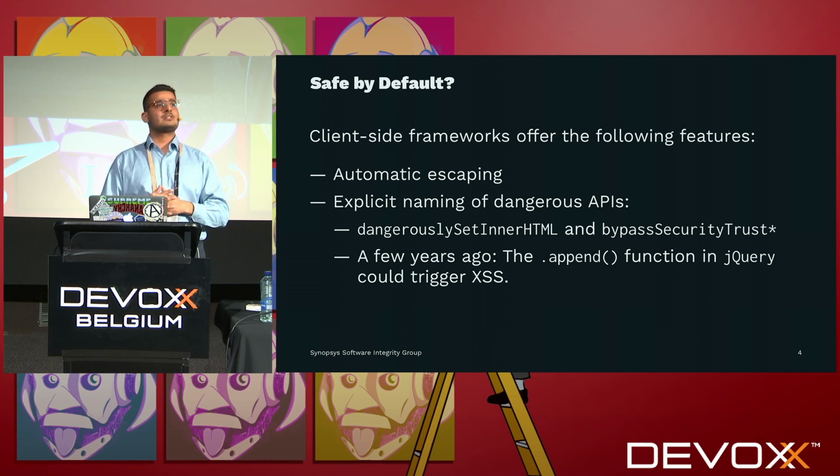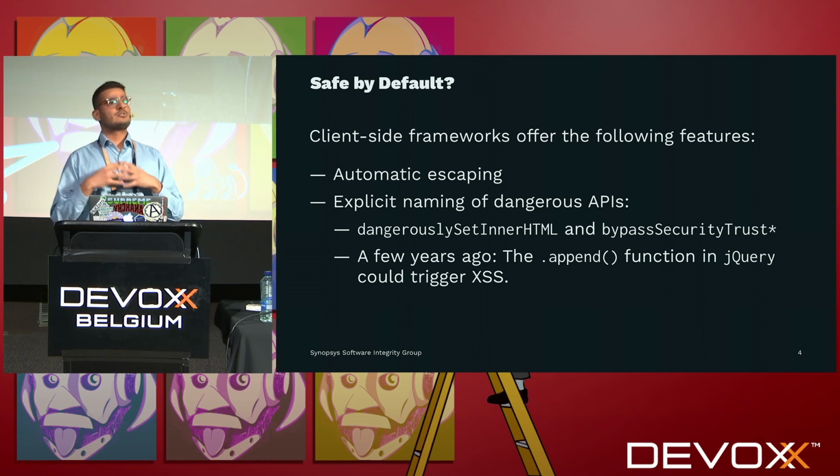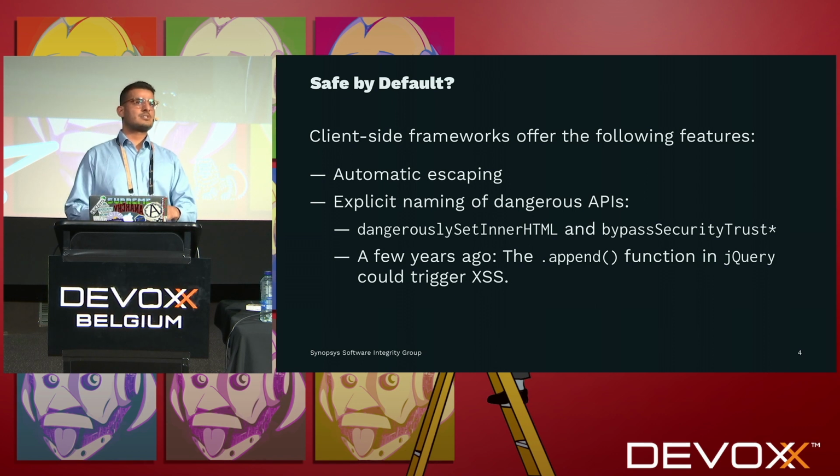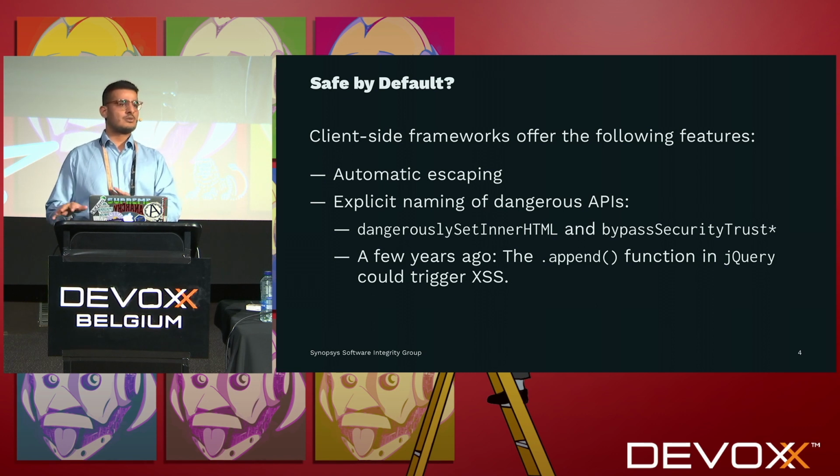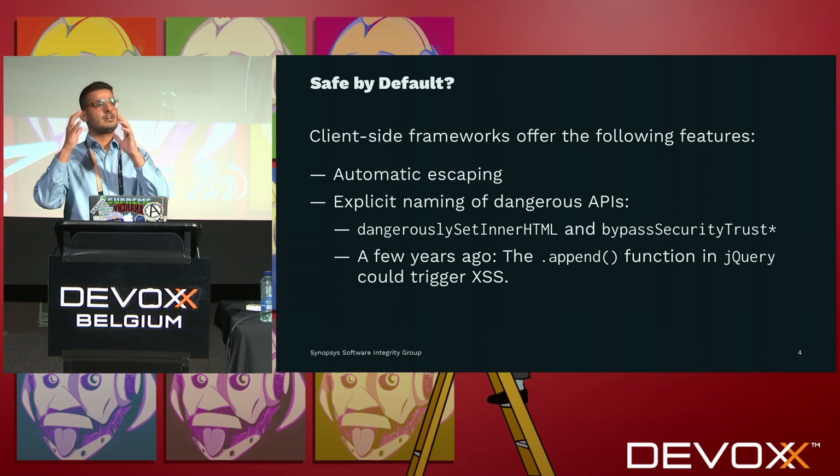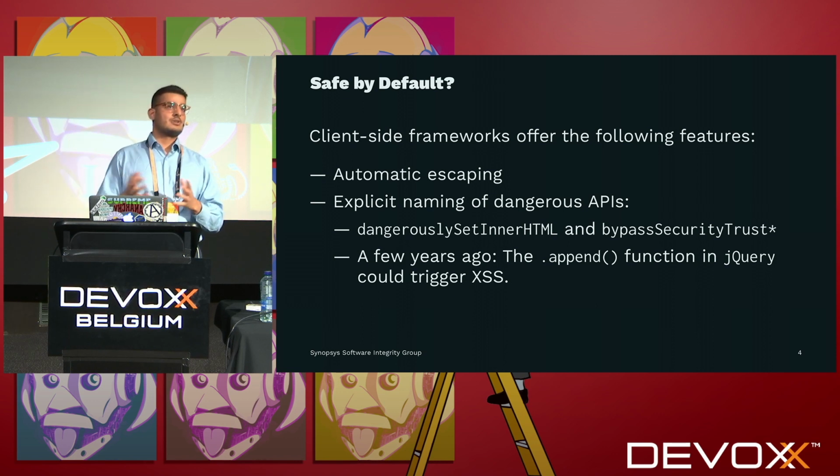So, for example, let's say I'm on your website, I sign up, and I say my name is <script>alert(1)</script>, and you called append on that specific input, it would actually execute. It would execute code in your browser, which of course is a very bad thing.